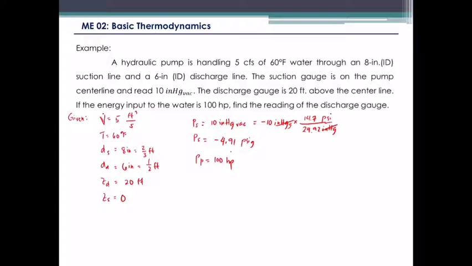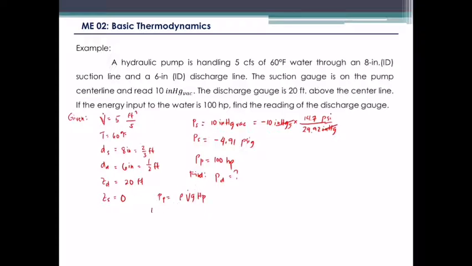So we are to find the reading at the discharge gauge, pressure sa discharge. Okay, we have the power of the pump formula: rho times volume flow rate times G times total dynamic head of the pump.